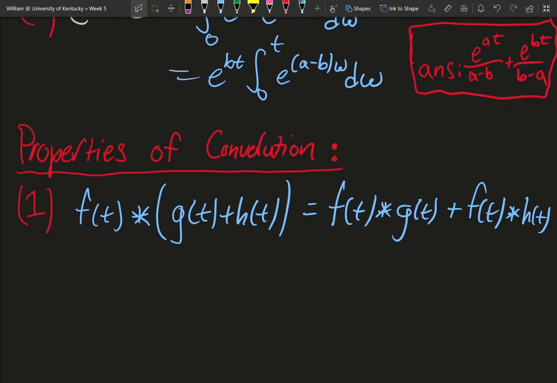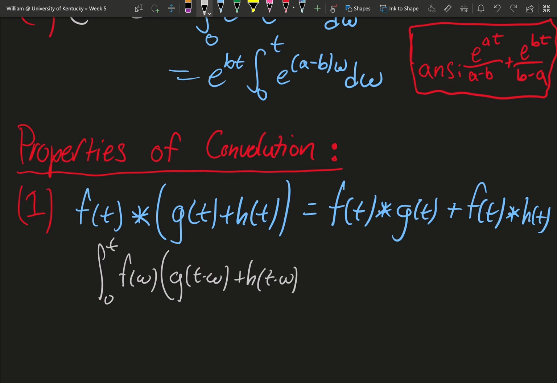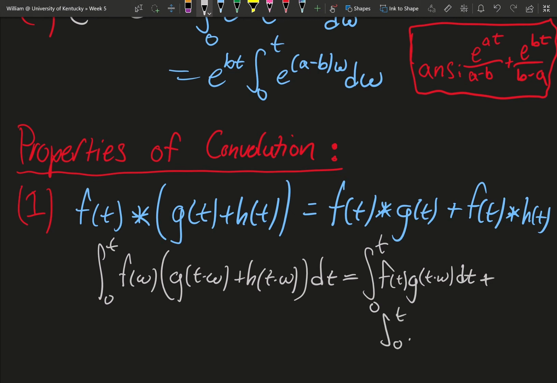So this follows, right, if I just set up the integral for this first thing, and I split it up, I distribute and I split it up, I can see that I have distributivity. Whoops, and I wrote down dt when it should have been dw.